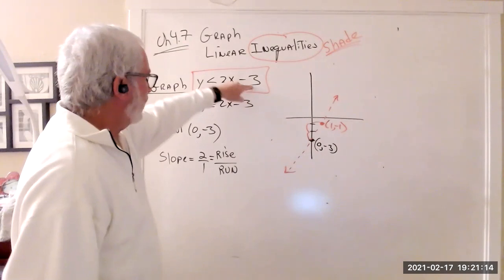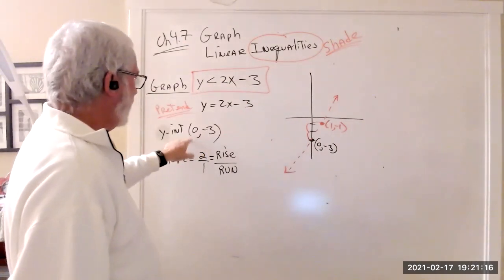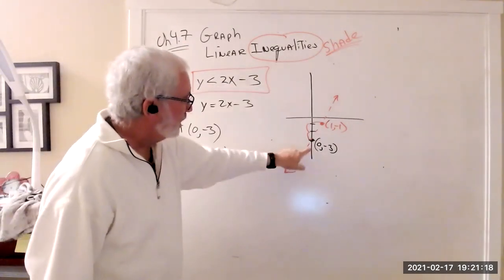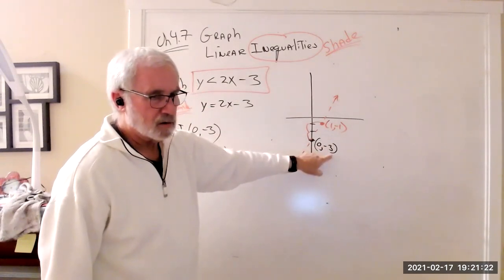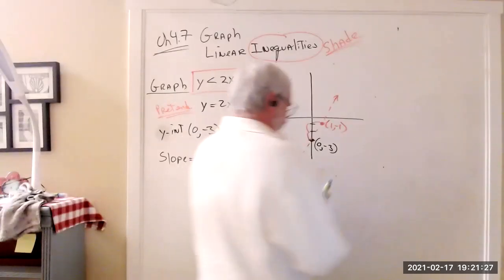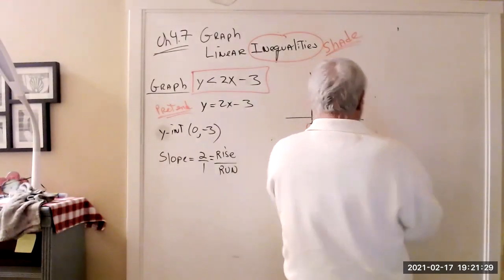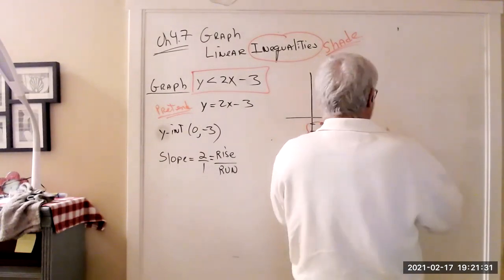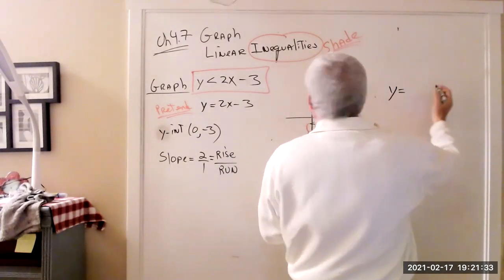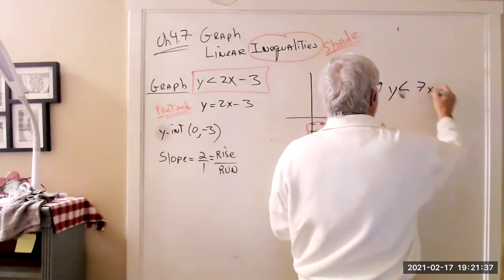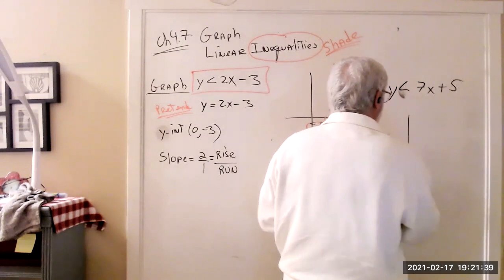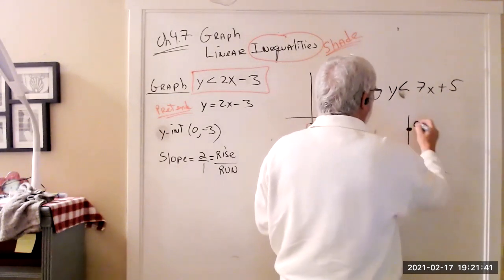Oh, the b value, the (0, -3). It's always that. The y-intercept is always (0, something). For example, if you were doing y is less than 7x plus 5, then it's going to be (0, 5).